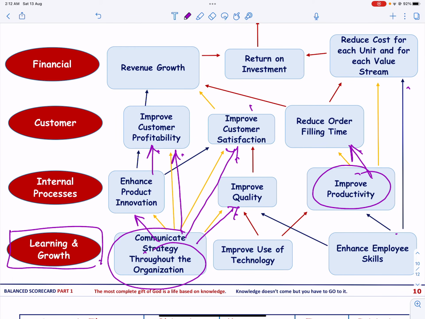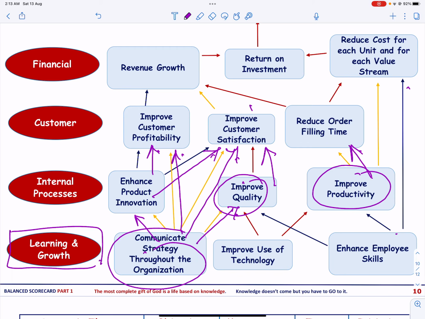So the customer will receive the item early. That will make them happier. Now, since the quality of the product has improved, it will improve customer satisfaction. That will enhance product innovation. That will further improve the customer satisfaction.